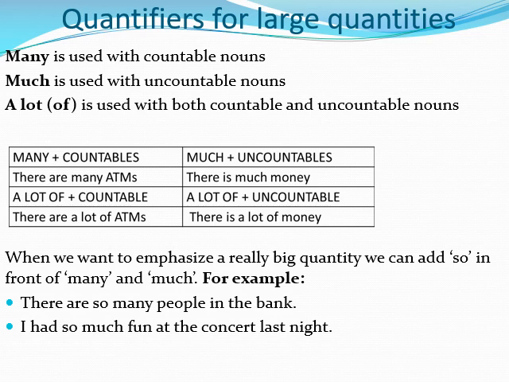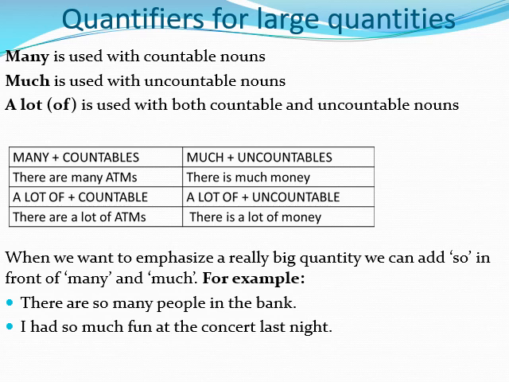And a lot of is used with both countable and uncountable nouns. So many plus countables, much plus uncountables, right? There are many ATMs. There's so many, it's hard to count, but we can count ATMs. There is much money. You can count dollars, but money as a concept, no. There are a lot of ATMs.